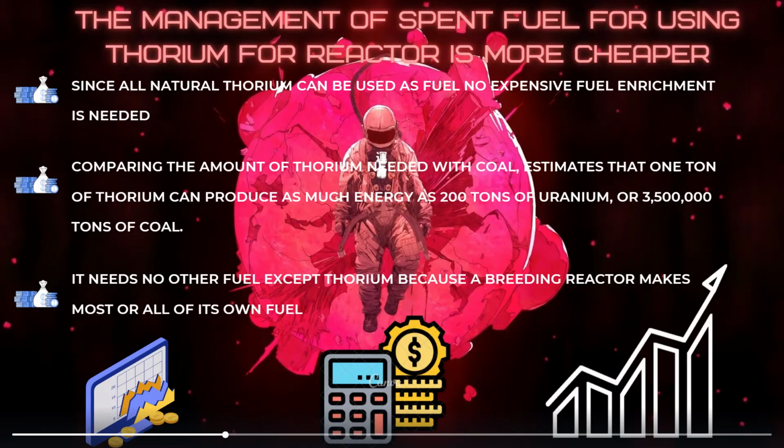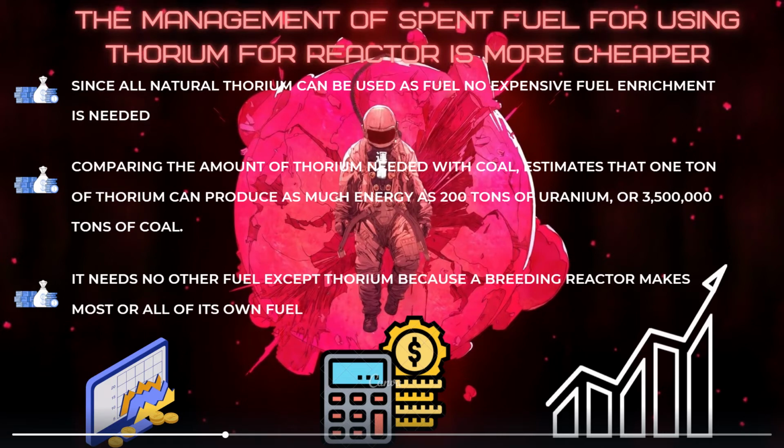On the other hand, the third advantage of using a thorium-fueled nuclear reactor is that the management of spent fuel for a thorium reactor is cheaper than for a uranium reactor. Since all the natural thorium can be used as fuel, no expensive fuel arrangement is needed, and the management of spent fuel can save a lot of cost for the thorium reactor.